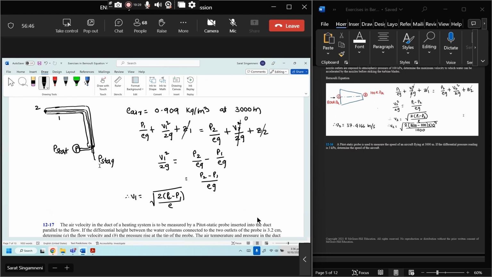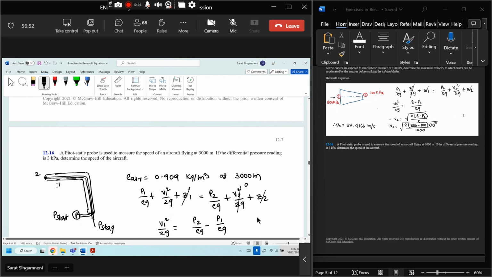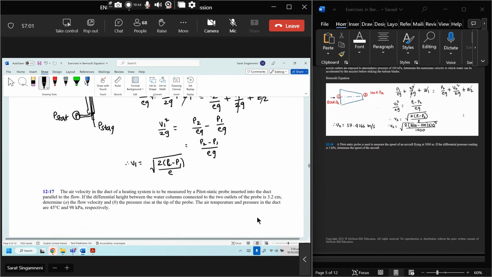So that P2 minus P1 is measured by the two pressure gauges attached to the two channels of that pitot tube, and the difference is given as 3 kilopascals. So we can substitute: V1 is equal to root of 2 times 3 kilopascals, which is 3 times 10 power 3 pascals, divided by the density of air, 0.909.